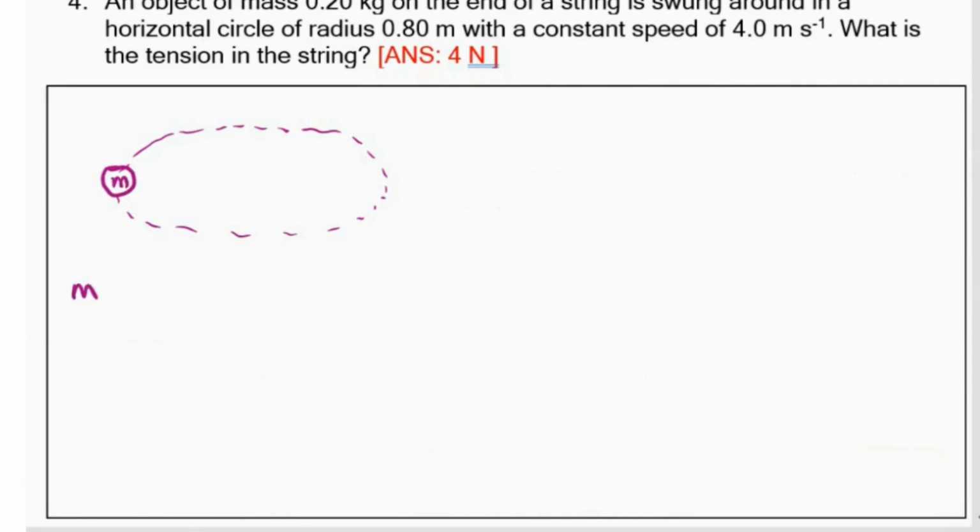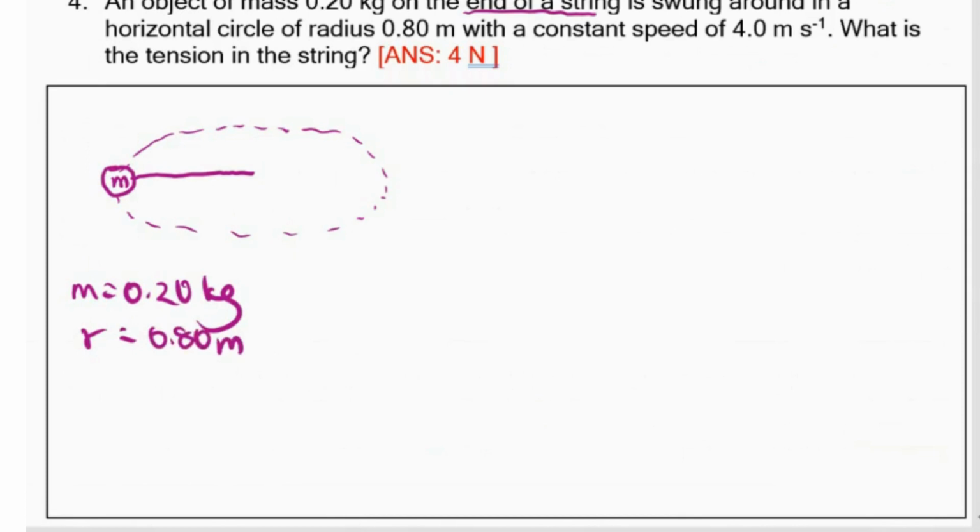So write down that as m, mass is 0.2 kilogram. The mass is on the end of a string. The string is swung in a horizontal circle. So this is the string, so there must be tension present. Given as well, the radius of the circle is 0.8 meter.